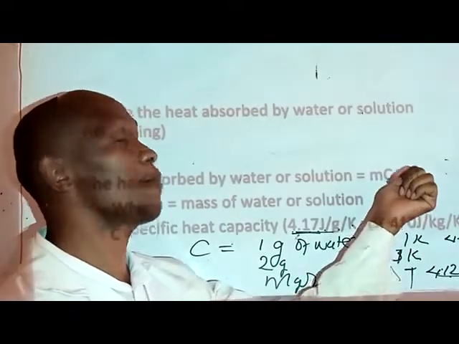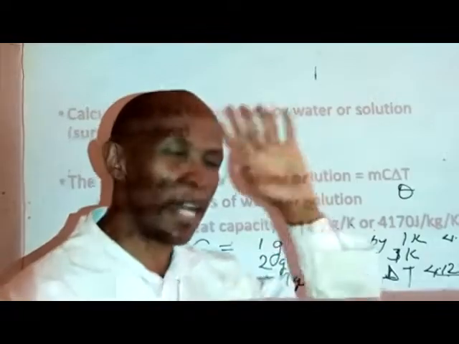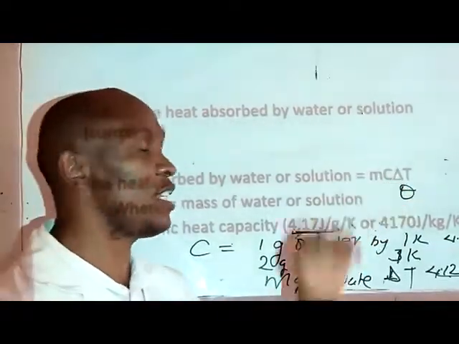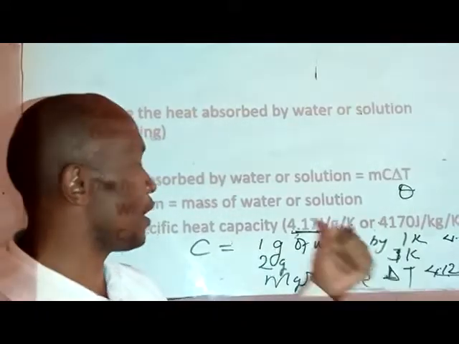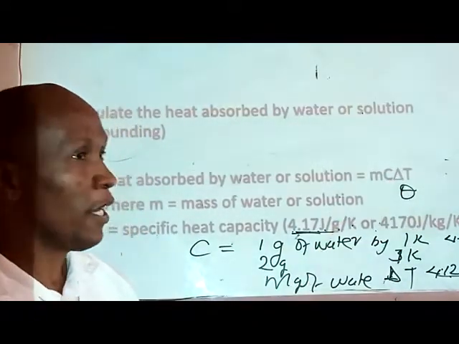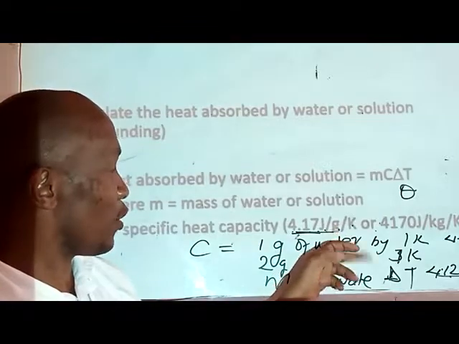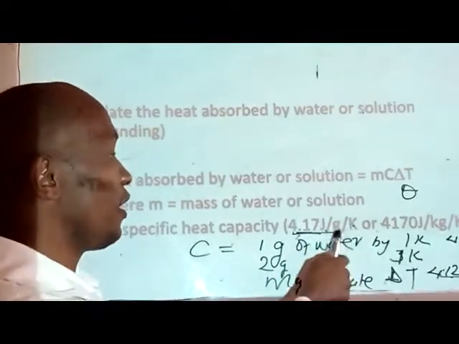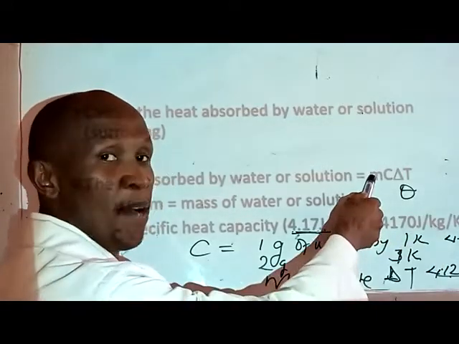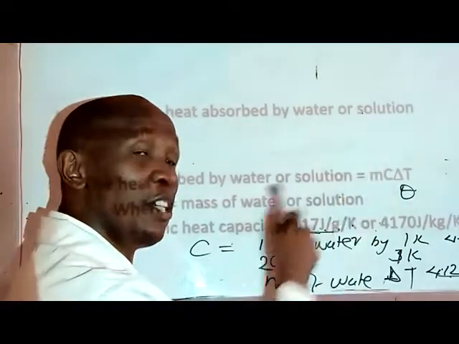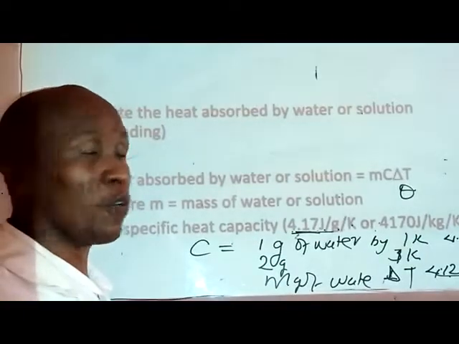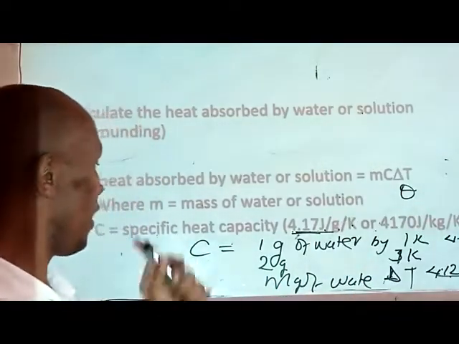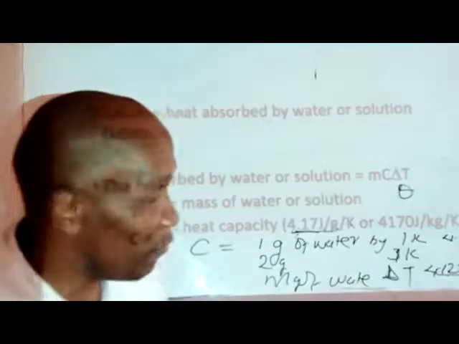It is mc delta T. So m, and I repeat, is the mass of water, C is the specific heat capacity that has to be given, and then delta T. What is going to be important is you ensure that if the specific heat capacity is given in kilograms, then m must also be in kilograms. That is the only thing that you need to confirm, that the units are the same. And once you have done that, it will be very easy.